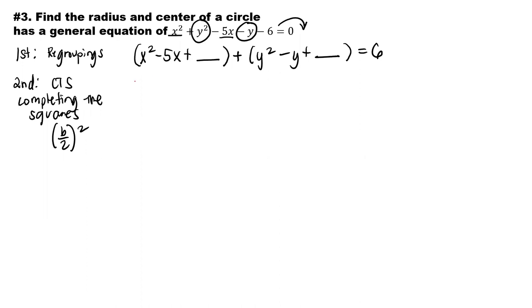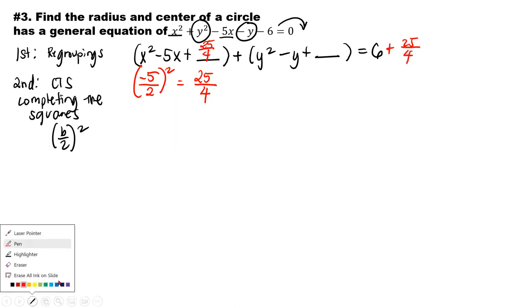Para kay x, ang value ni b is negative 5 over 2, then squared. As you can see, hindi natin siya ma-divide, so our answer will be in fraction form. So negative 5 squared is equal to 25, and positive 2 squared will be 4. So we will add 25 over 4 both sides to make our equation balanced or equal.